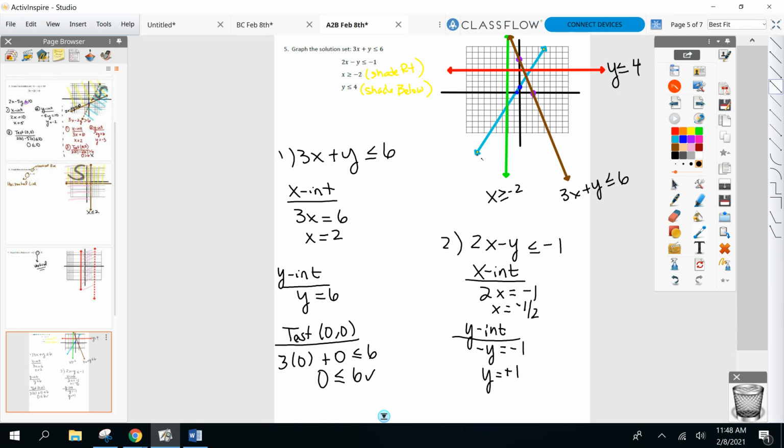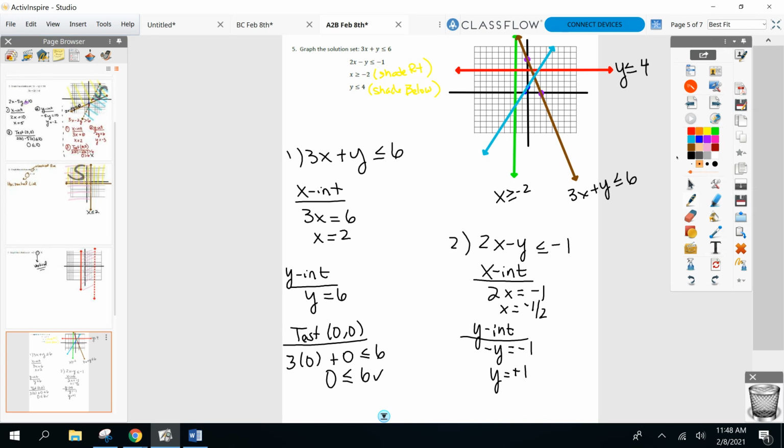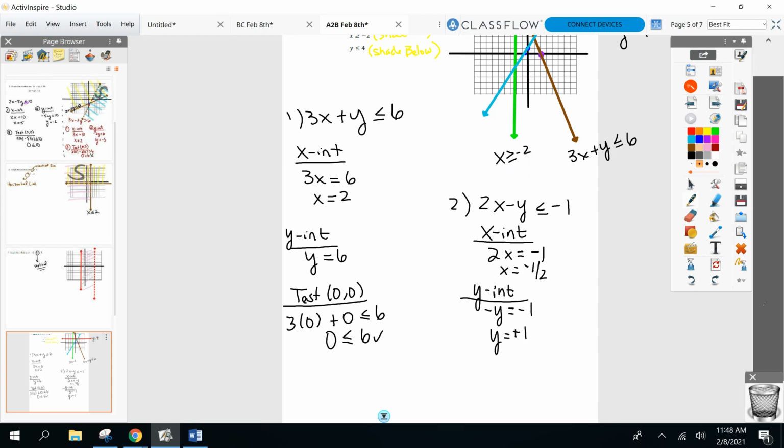All right, so this is going to determine where my final shaded region is, right? Does everyone see where it could be? I'm either going to pull it down here below the line, right here, or it's going to be this little figure right up here, depending on where I got to shade for this line. Making it smaller. So test 0, 0 finally.